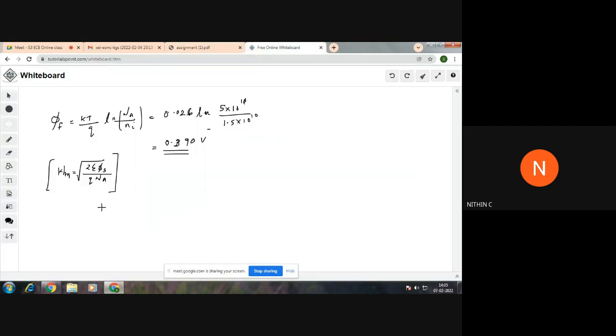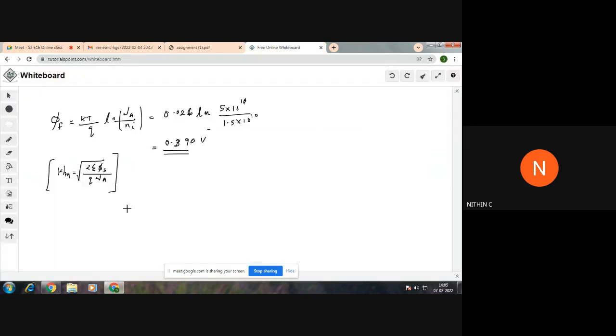Okay, so first we will be finding the depletion layer width. We need to find all these values, that is applied voltage, electric field intensity, and depletion layer width for both these cases. First case intrinsic, then strong inversion. So if it is intrinsic, then phi s will be equal to phi f.